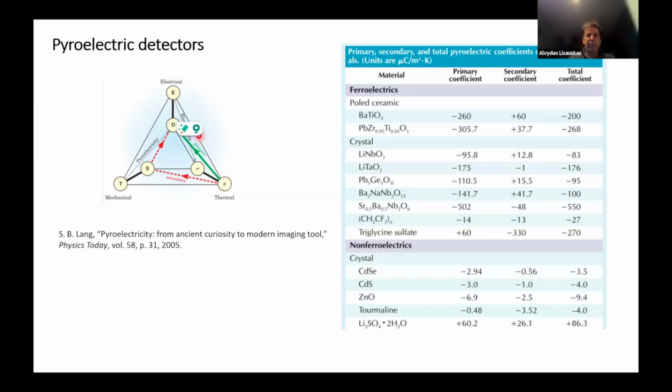There are a lot of materials which have pyroelectric properties, with different primary and secondary coefficients that combine into a total coefficient. In many cases, the primary and secondary coefficients go in opposite directions, and for non-ferroelectric materials they go in the same direction, so they add.